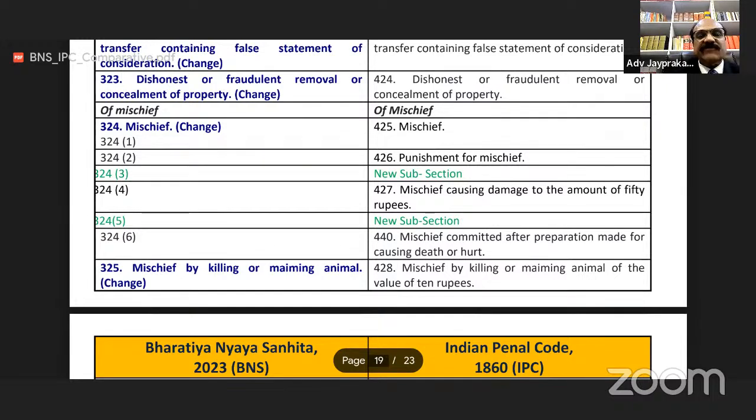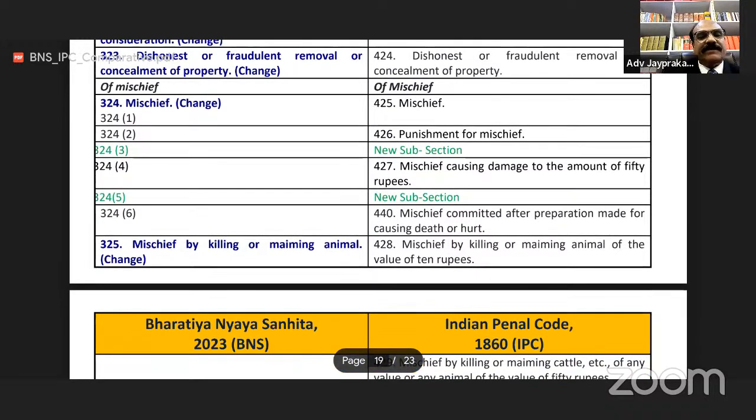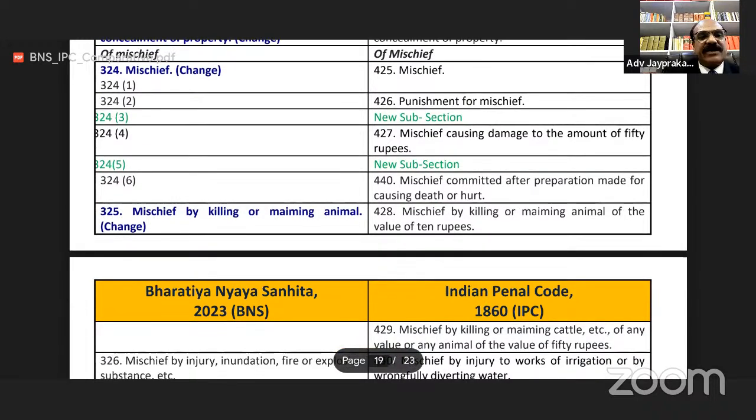BNS section 324.4, mischief causing damage to the amount of 50 rupees. BNS section 324.5, new subsection. BNS section 324.6, mischief committed after preparation made for causing death or hurt.